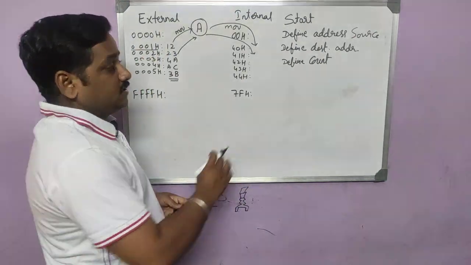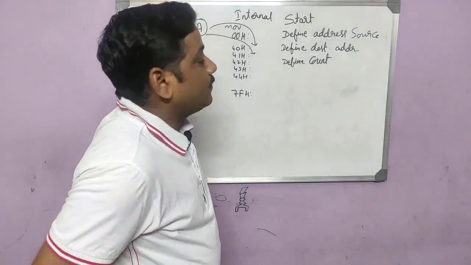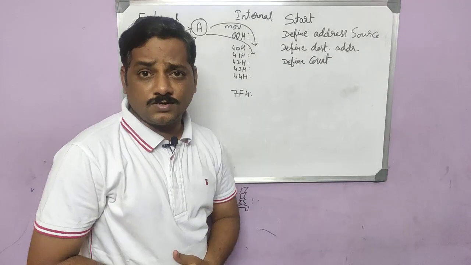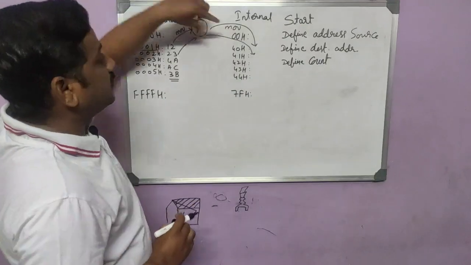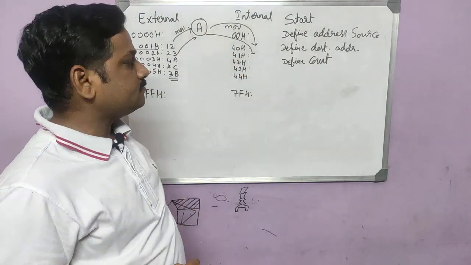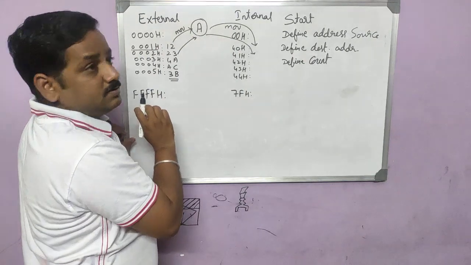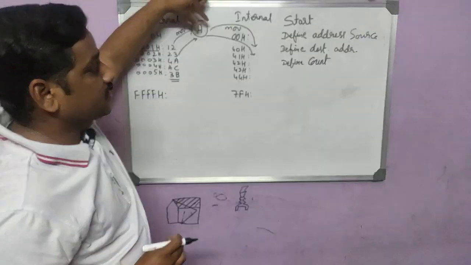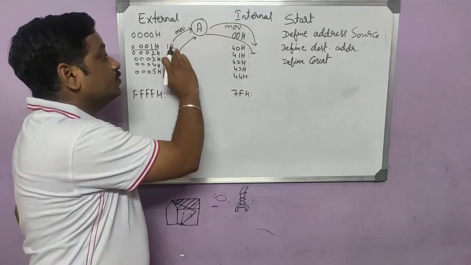This is just a flowchart I am writing. Based on this, we need to write a program. After making all the definitions, allotting these addresses and the count, you need to start the logic. Say I have allotted this address, and this address, 40H. Now I need to take this content, 12, into the accumulator.